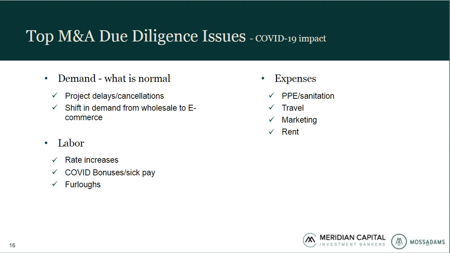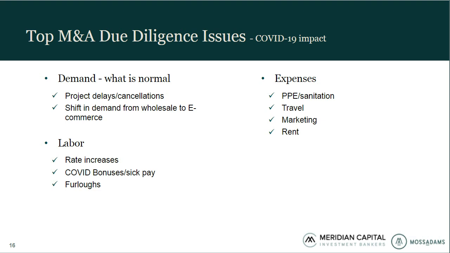And then on the labor side, we've seen rate increases. We've seen all the government programs that affect the expenses being recorded by the company for labor. We've had furloughs. And then on the other expense side, a lot of companies have incurred costs for protective equipment and sanitation. And on the flip side, they've had travel expenses go down, marketing expenses go down, sometimes rent concessions.